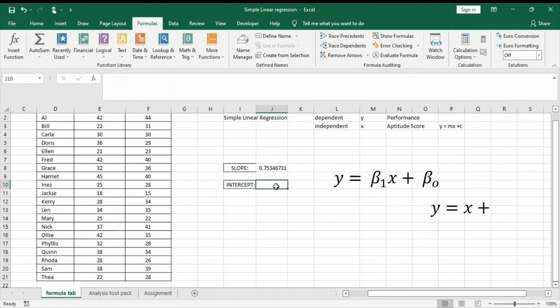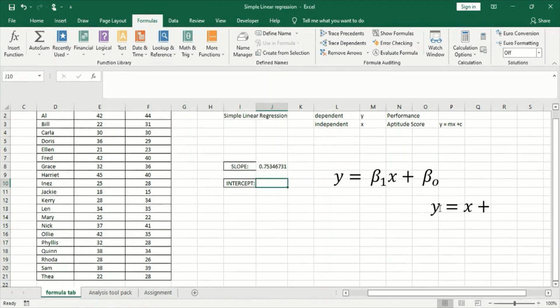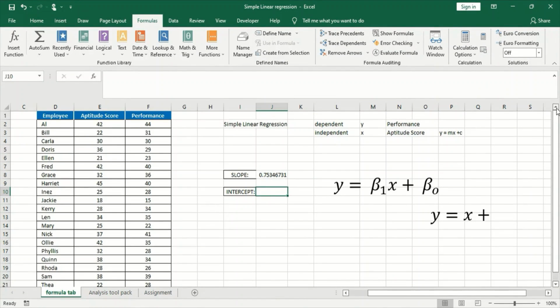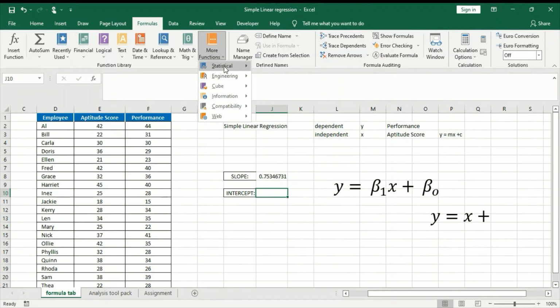So how do we get our c? From here we're going to pick our performance. From our formula bar, we're going to go to statistical.